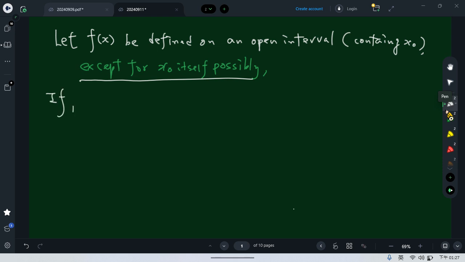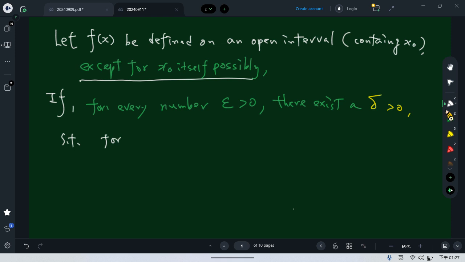So if for every number epsilon, there exists a delta such that for all x, where the distance between x and x0, when we take the absolute value between two points, that means we try to measure its distance, right?